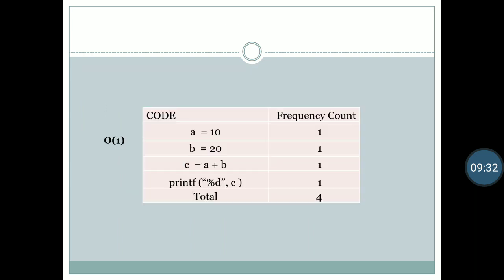So here a is equal to 10 means 1 frequency count, b is equal to 20 means 2 frequency count, c is equal to a plus b 3 frequency count, and printf %d c, that is our 4th frequency count. So the total will be 4. So the frequency count for this code will be 4.